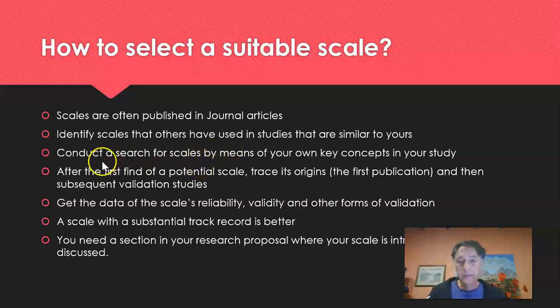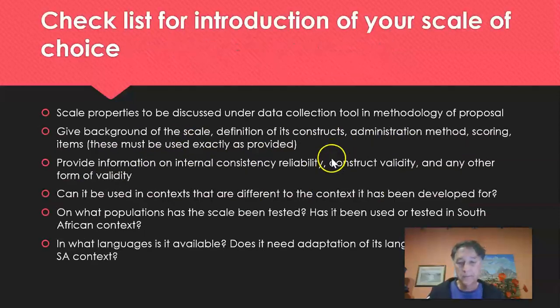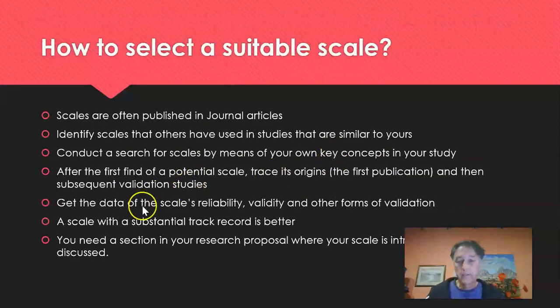Right, so you can conduct a search for scales by means of your own key concepts in your study. You can go and search for measurement scales on prescription errors, as an example. After the first find of a potential scale, trace its origins. So take it back to the first publication of the scale, and then look at subsequent validation studies.